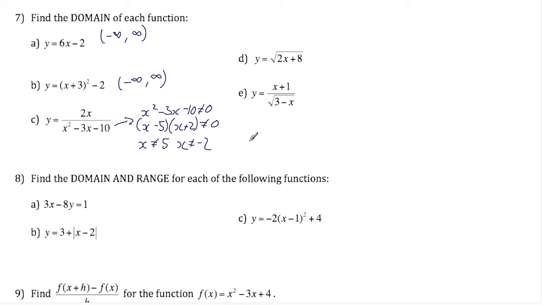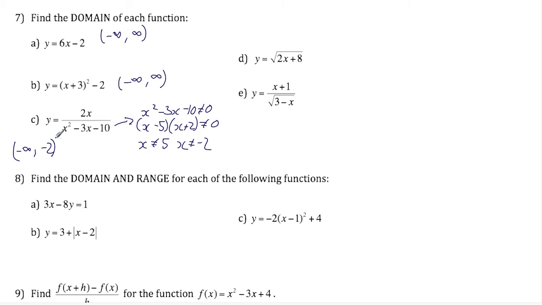So if I write this in interval notation, I start with the smallest value that can be x, and that of course is negative infinity. And then I go all the way from negative infinity to the next smallest number, which is negative 2. And I stop.